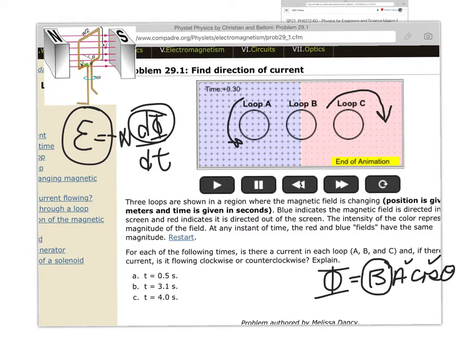And of course, since loop B is seeing an increase, half of it increasing one way and half of it increasing in the opposite direction, those are going to cancel out and there'll be no induced EMF in loop B.